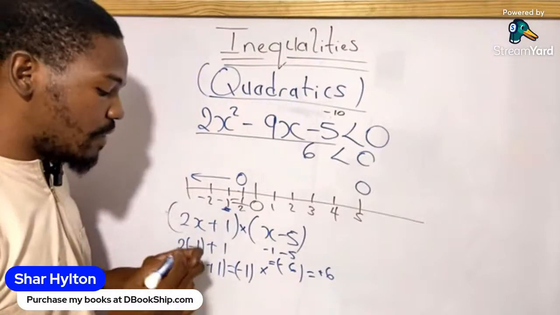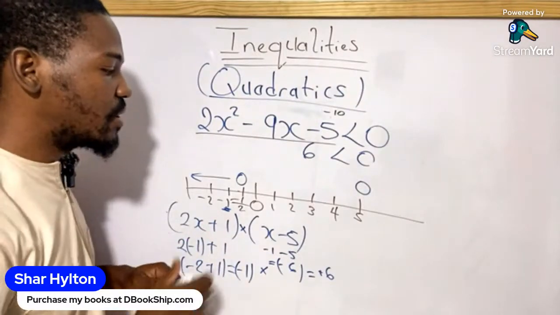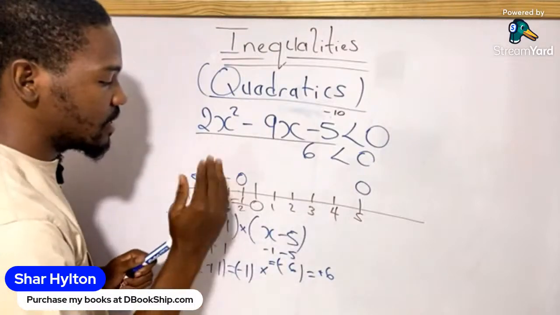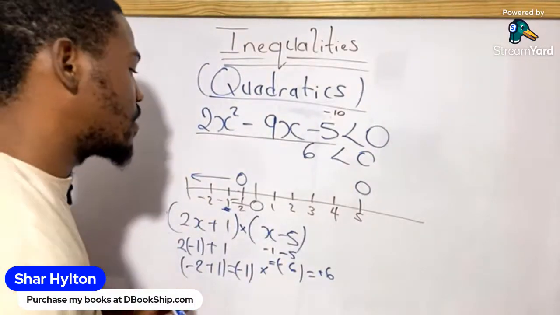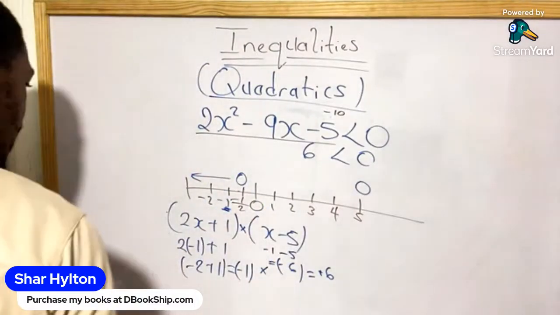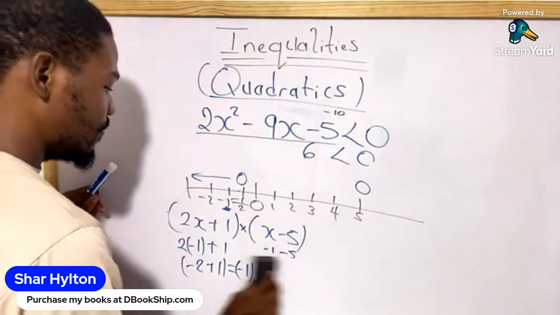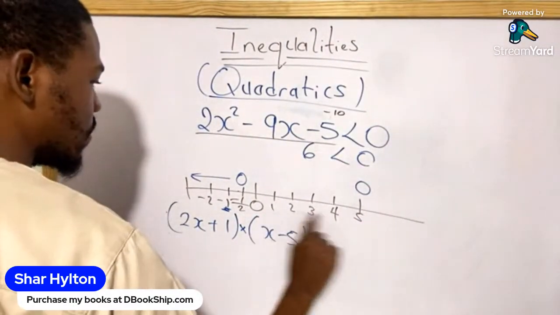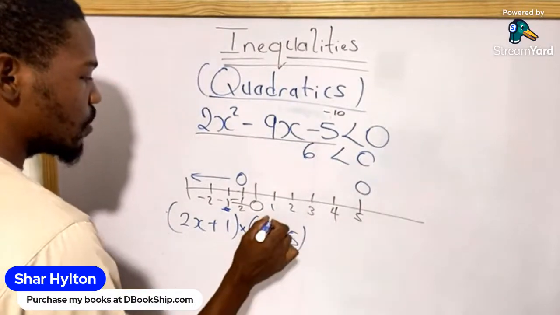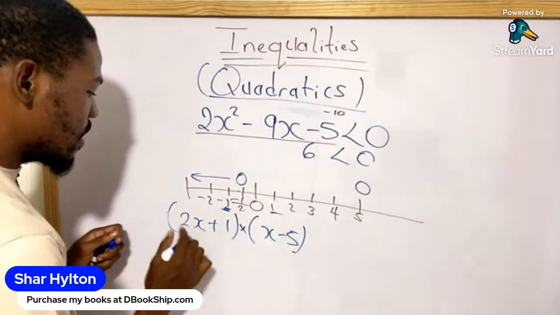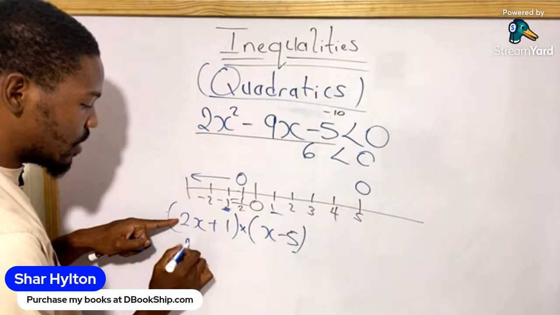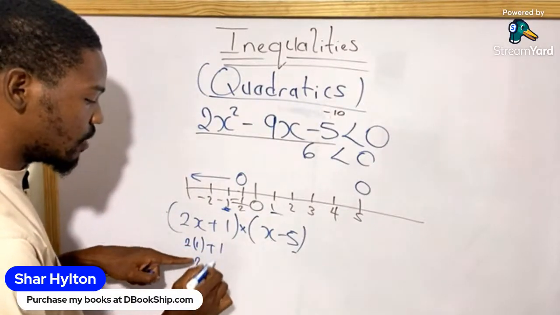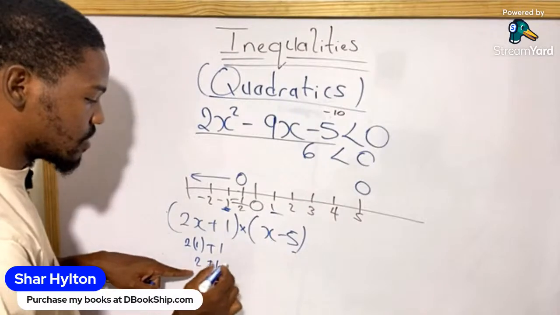So what we need to find out is, can we say that the range of values for x is greater than -1/2? We could try that with 0, or any of these numbers in between. Let's use 1. If x is 1, 2 times 1 is 2, and 2 plus 1 gives us 3.